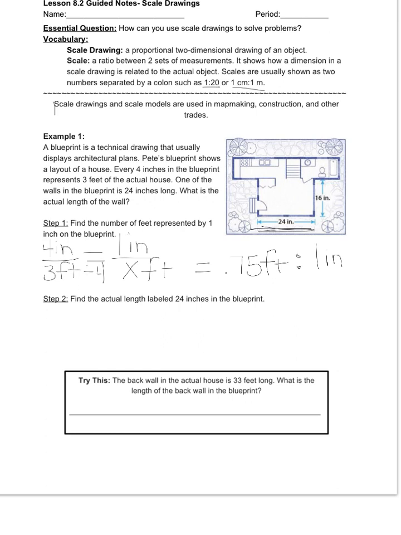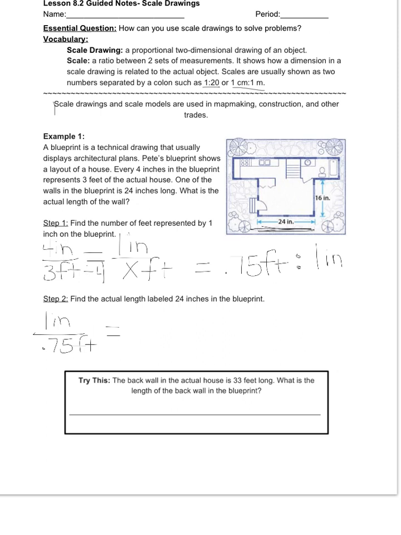Now going on to step 2, which is where we actually figure out how many feet 24 inches represent, I can use this scale here. So I know that 1 inch represents 3/4 of a foot. So setting up my proportion, and notice how my measurements, my units, are aligned.